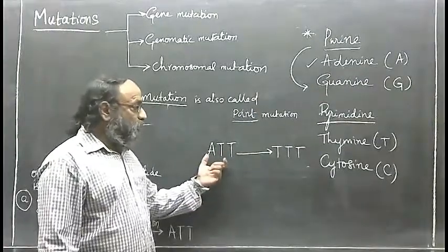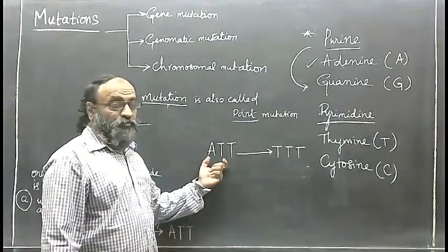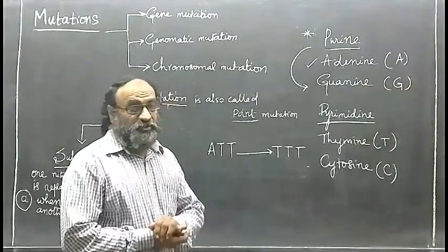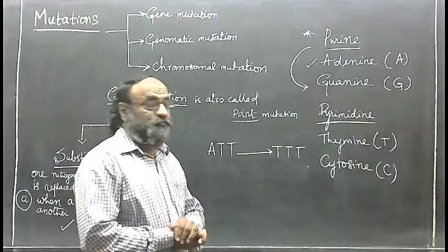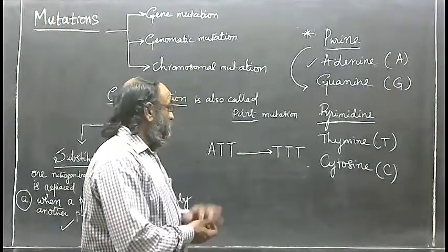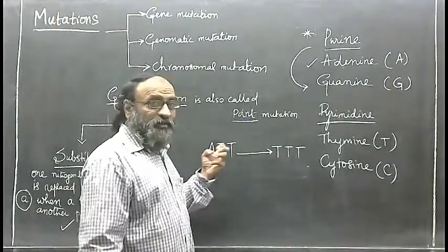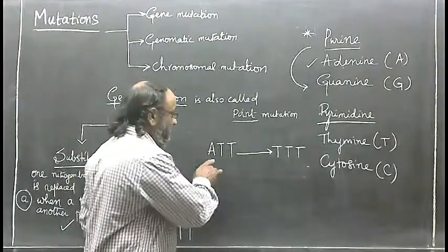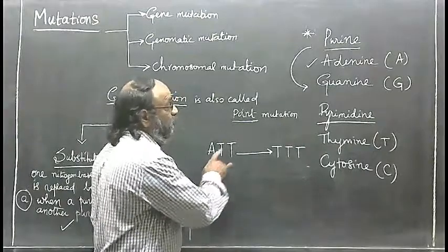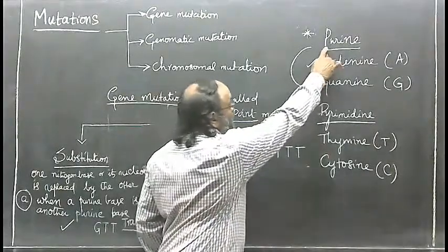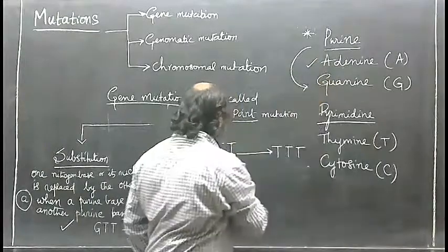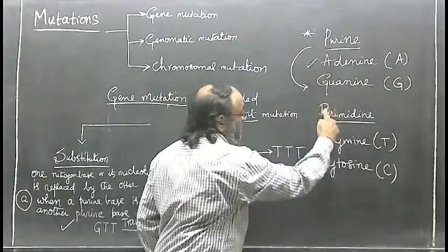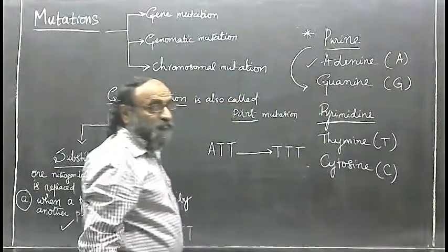The codon is ATT, which has undergone mutation and forms TTT. If we examine this change, we can understand that a purine base, that is adenine, is replaced with a pyrimidine base, that is thymine.